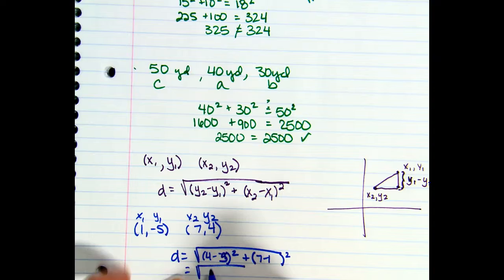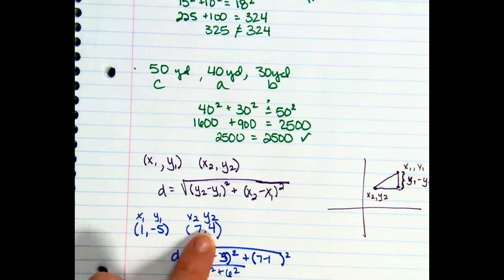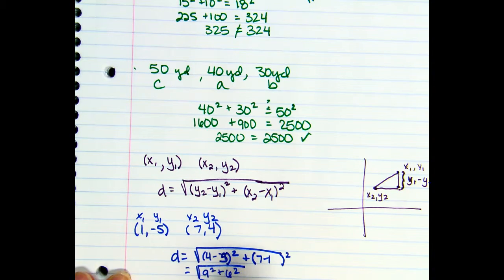It's going to be equal to the square root of 9 squared plus 6 squared. So this will be the square root of 81 plus 36. 81 and 36 is 8, 9, 10, 11. Did I do something wrong? Oh, I think I'm good. 81 and 36 makes 117.